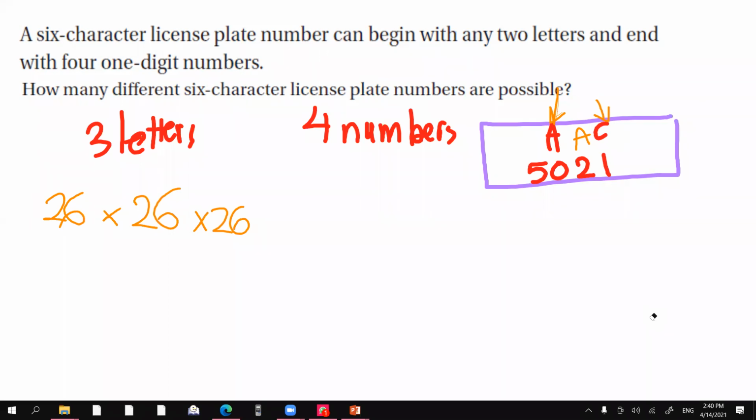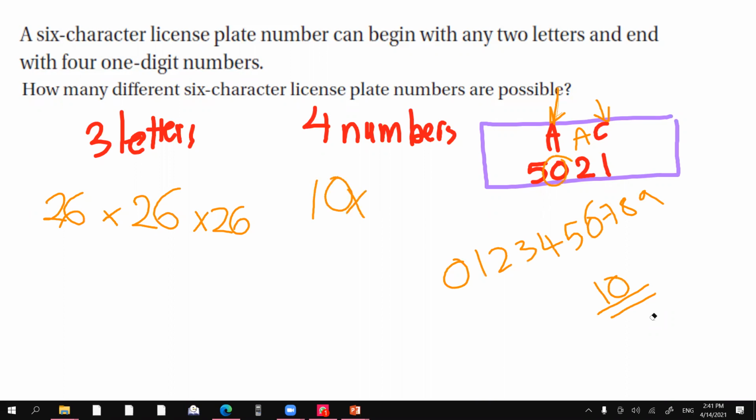Now for the numbers. We know the numbers in math like this: 0, 1, 2, 3, 4, 5, 6, 7, 8, and 9. There are 10 numbers of 1 digit. If I want to choose number 5, how many choices do we have? 10.